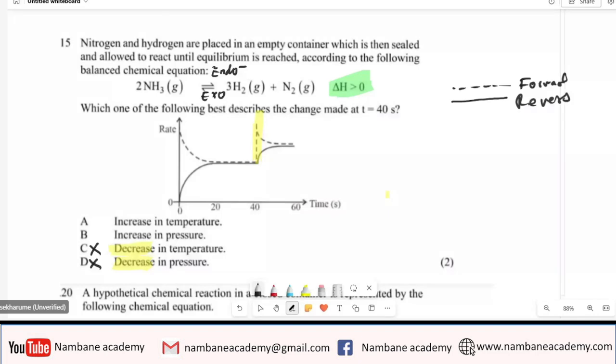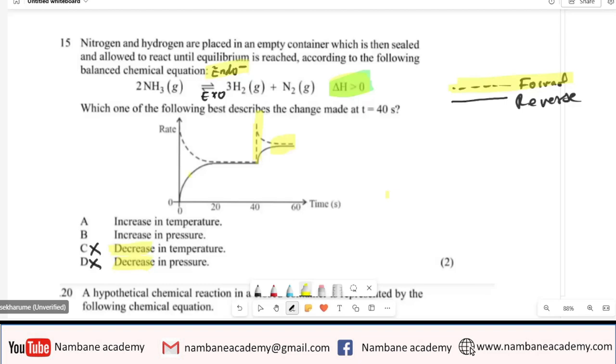The forward reaction is endothermic, and with an increase in temperature we favor endo. Let us look at the forward reaction on top of that one. It might be the correct one. The reverse is a solid line, and the forward is that one.